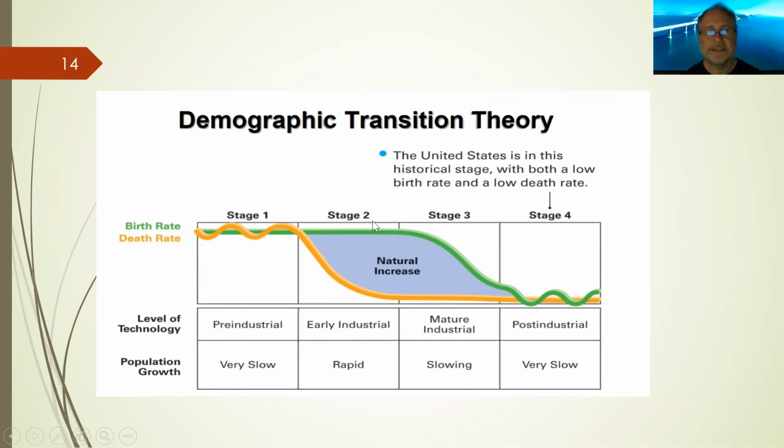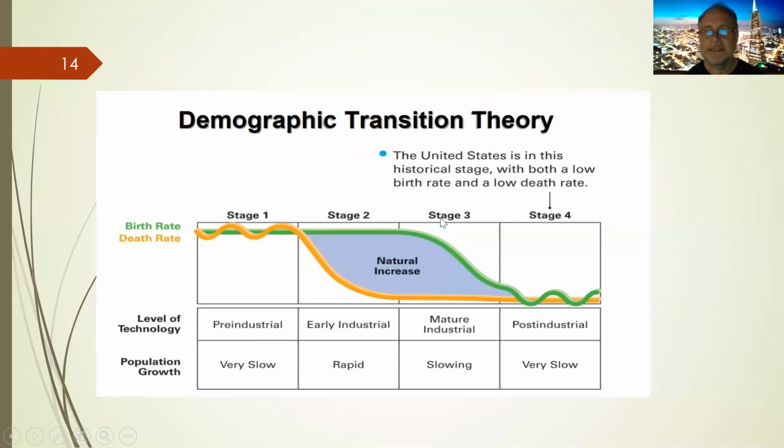When you move into stage 2, which is the early industrial period or stage, you have rapid population growth. The birth rate remains high, but the death rate goes down. Why? Well, because more people have access to better nutritious food and healthcare. So this is where population surges.